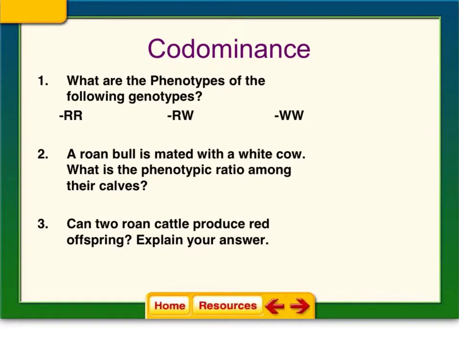Okay, we're going to do some more practice. Again, if you're doing this at home, hit pause when I say pause, try it, and then when you hit play again, you'll be able to see the answers. So if we look at number 1, it says, what are the phenotypes of the following genotypes? So go ahead and write down those phenotypes, remembering that we're talking about codominance, and both traits are expressed in the heterozygous condition.